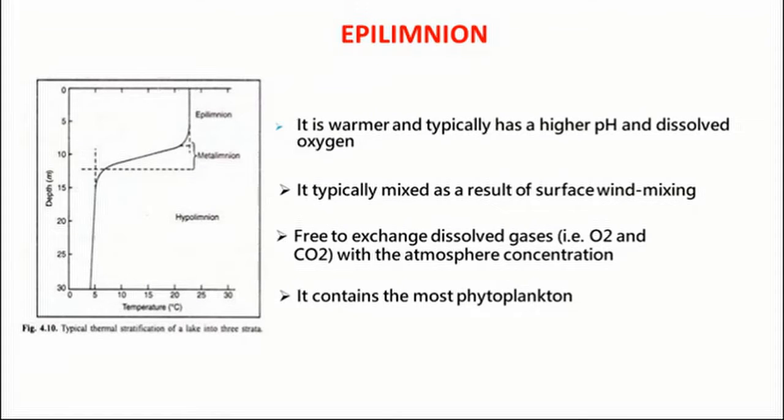So the oxygen gets saturated to the surface water of the lake. Then it is free to exchange dissolved gases like oxygen and carbon dioxide with the atmospheric concentration. That is another reason why it has high dissolved oxygen in it.